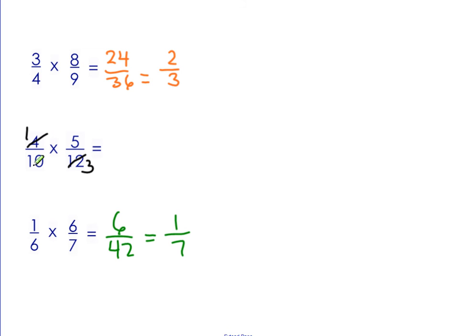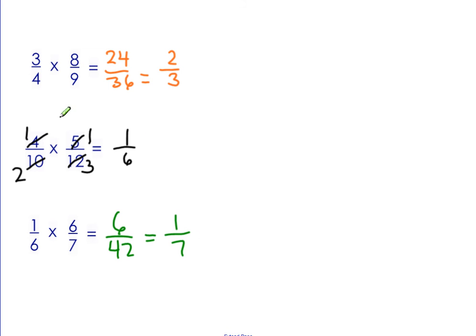Now I'm going to look at 10 and 5. They both can be divided by 5. So 5 divided by 5 becomes 1, and 10 divided by 5 becomes 2. Now what I have left over is 1/2 times 1/3. So 1 times 1 is 1, and 2 times 3 is 6. Look at that. I didn't even need to do these extra steps like I did in another problem.